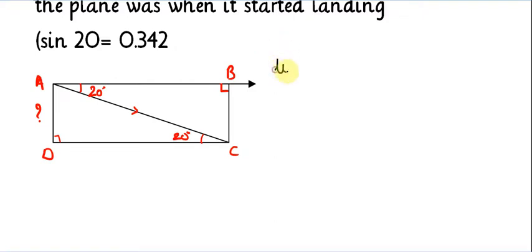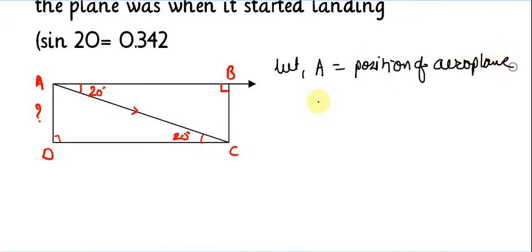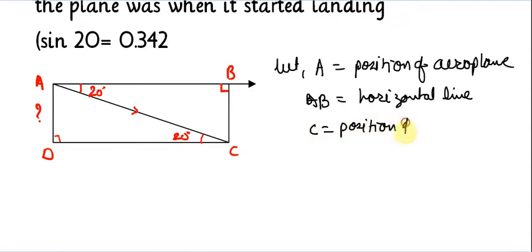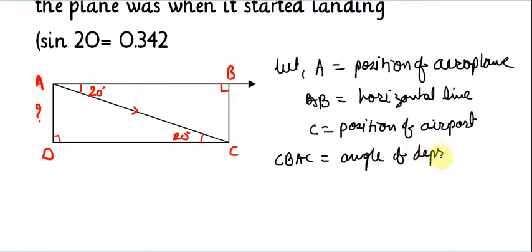So let's assume the data shown in the figure. Let A equal the position of the aeroplane, AB is the horizontal line, C is the position of the airport, and angle BAC equal to the angle of depression made by the pilot.